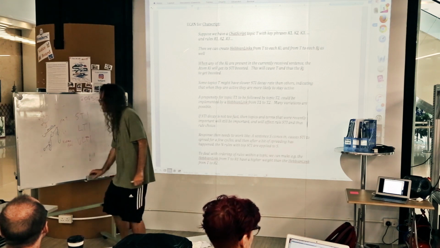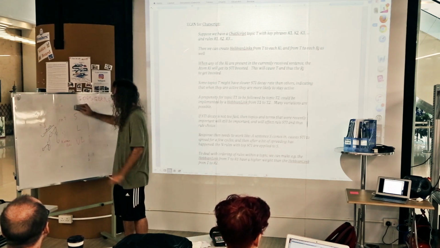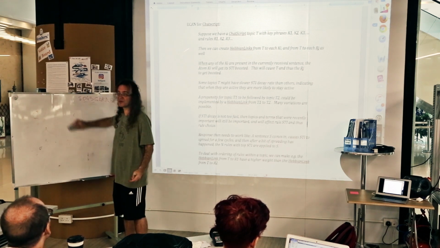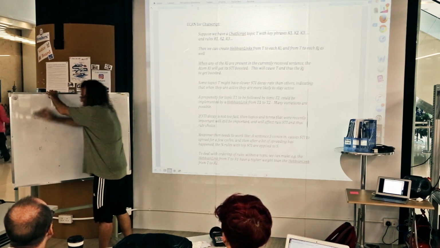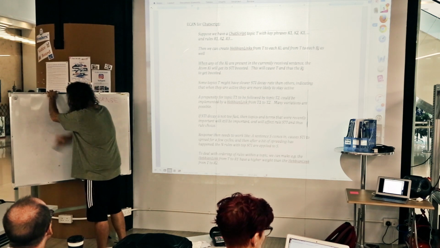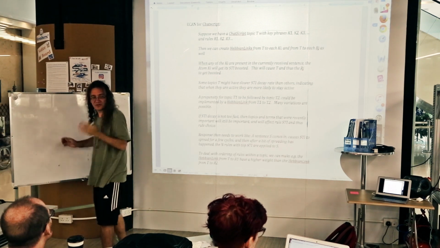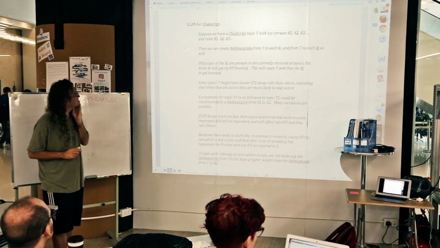In a way, that would be a simpler use of ECAN than associative memory formation or something. But it could start off simple and then grow into something more interesting.